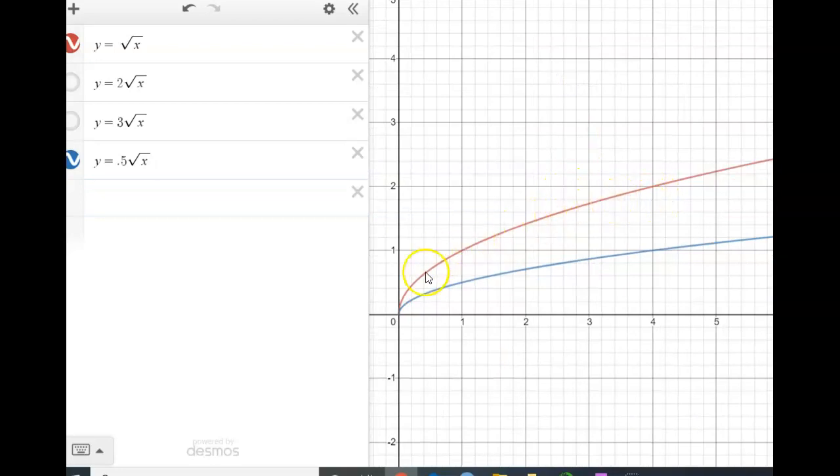Here the one in red is the parent function, the square root of x, and the one in blue is the transformation, 0.5 times the square root of x. So what did that do? For every y value, after the square root was computed for each x value, we got a y value. In that case, it was a 1. And 0.5 times 1 gives us 0.5, or 1/2. So that y value changed from 1 to 0.5.